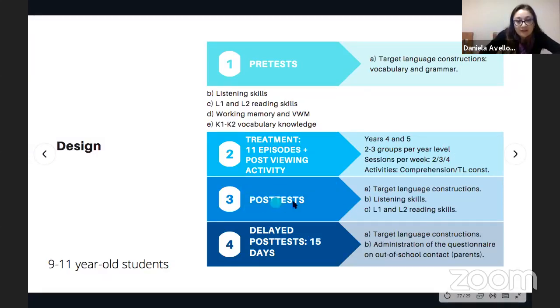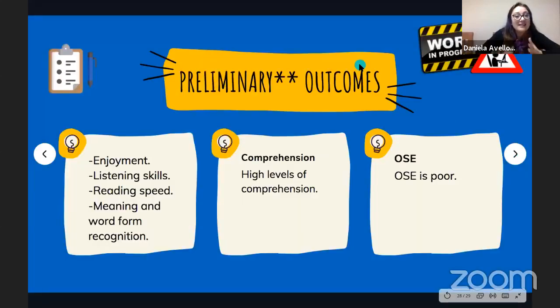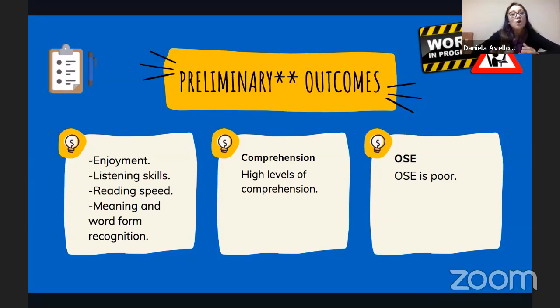In post-tests, I'm about to start with delayed post-tests in the case of the students who had a treatment where they had to watch 4 episodes a week. But as I told you earlier, the process has been challenging and very slow. And this is why I can say that here I have some preliminary outcomes, which are mostly qualitative.